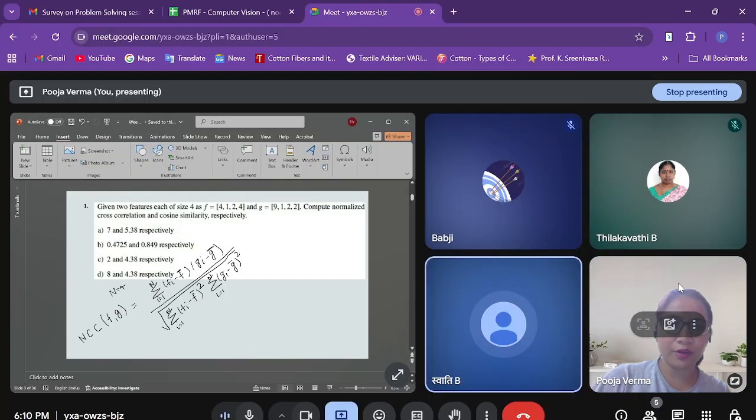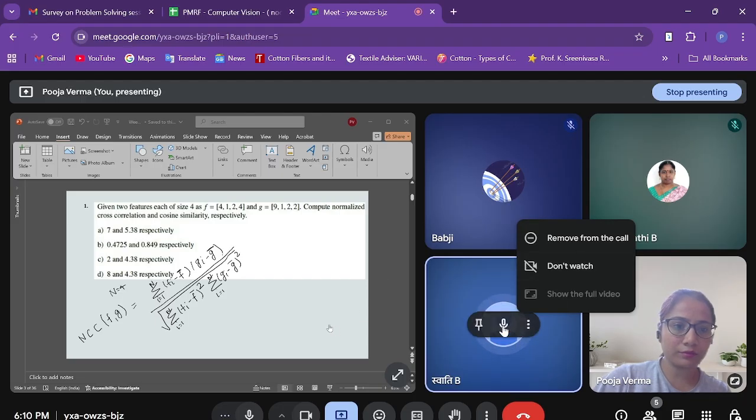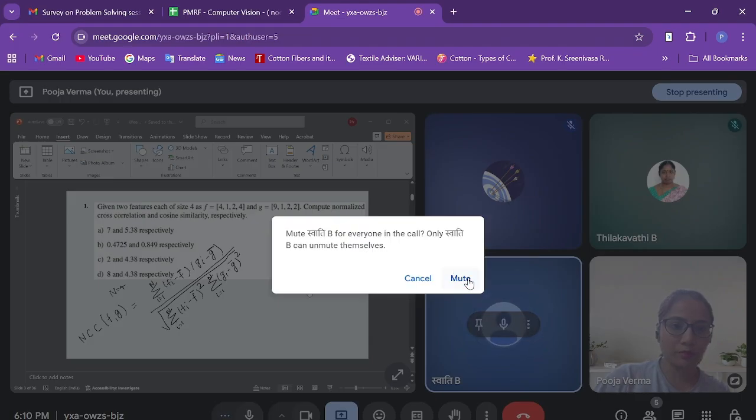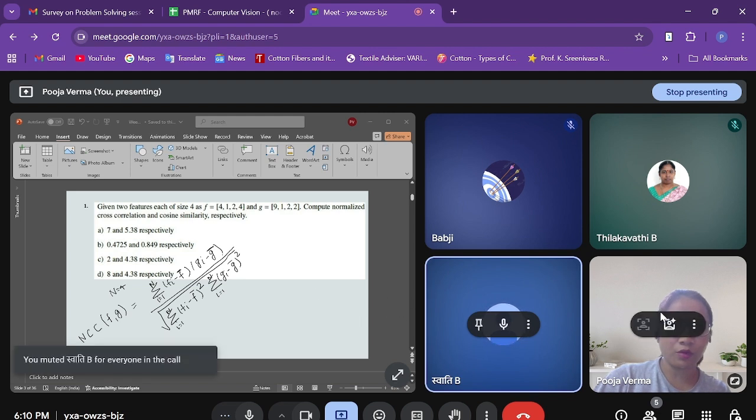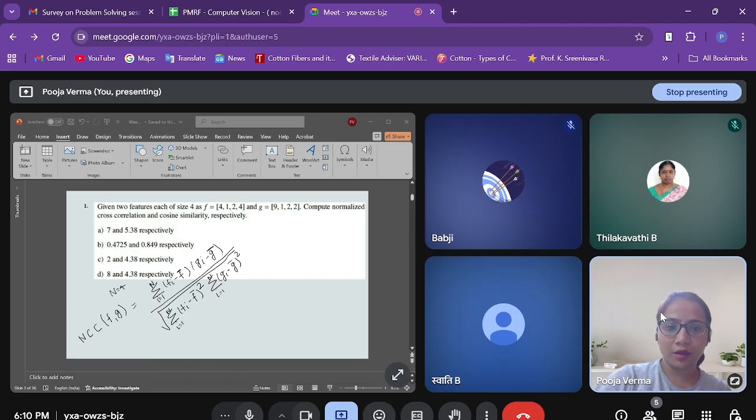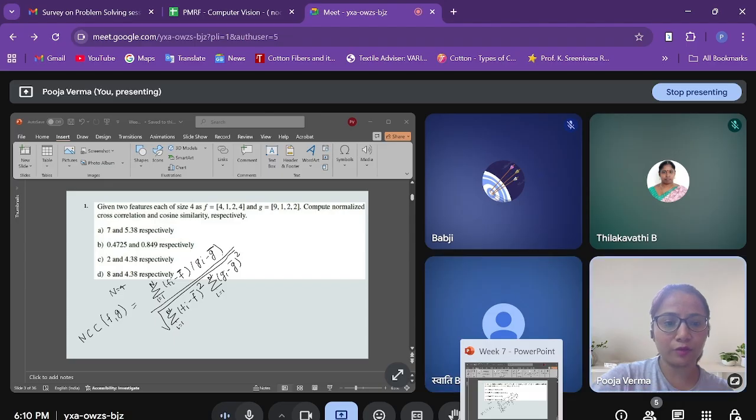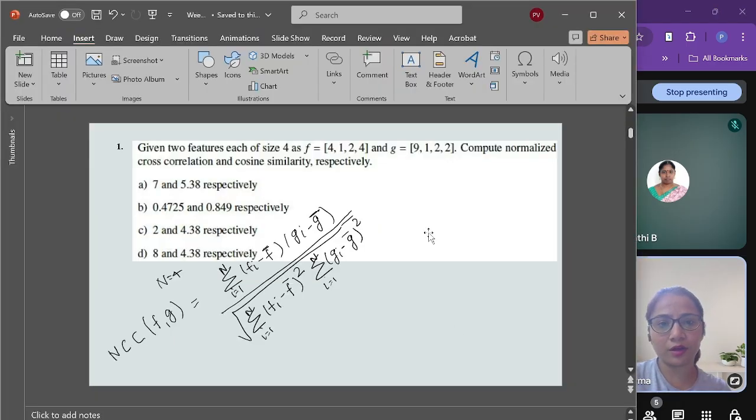So till now, can you calculate f dash and g dash, that is the mean of f and the mean of g? Let me know what will be the values of the mean of feature vector f and the mean of feature vector g. Similarly, we can calculate the cosine similarity.